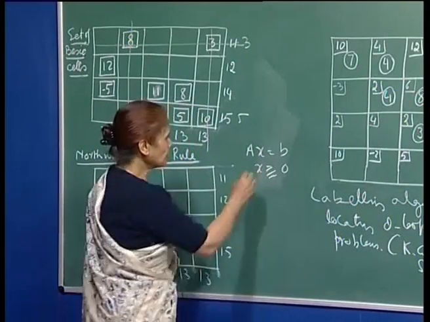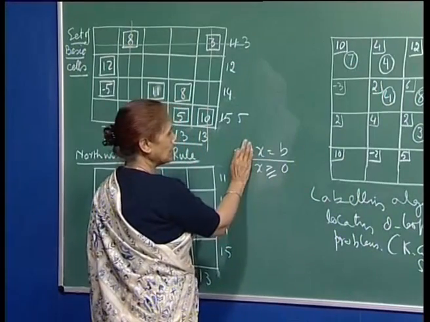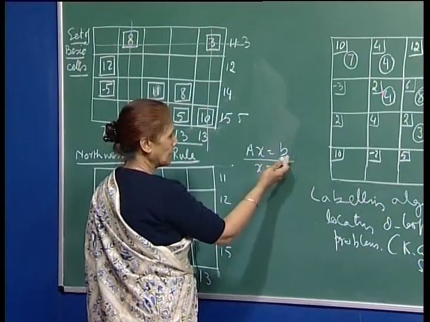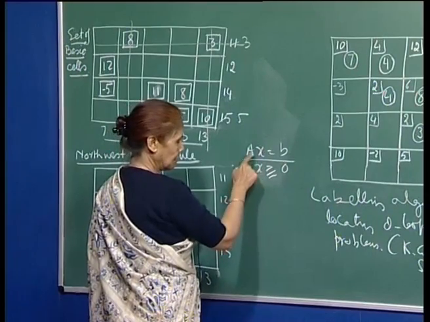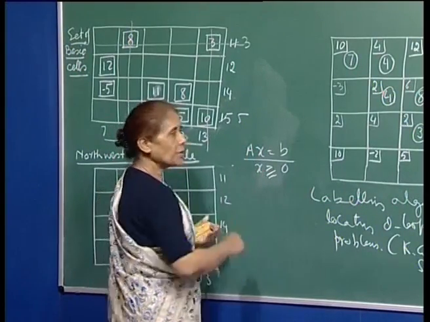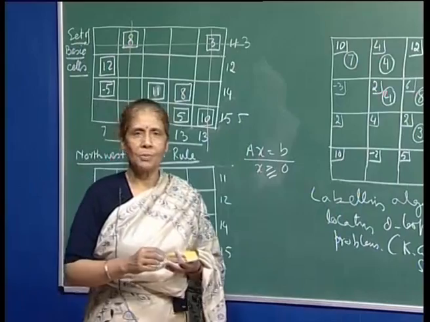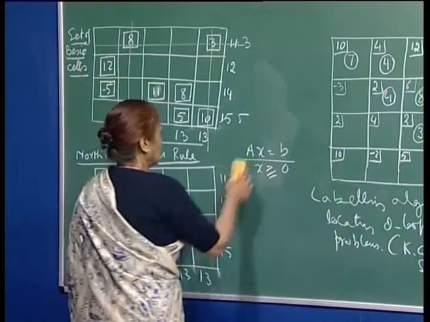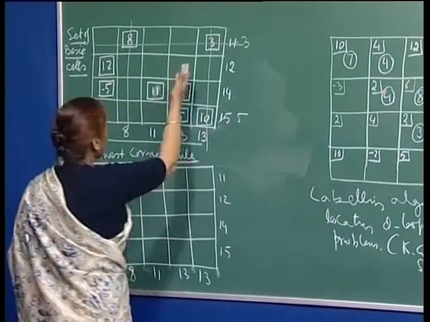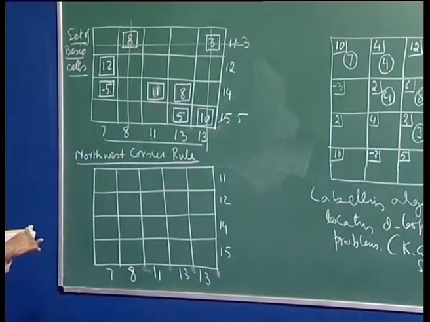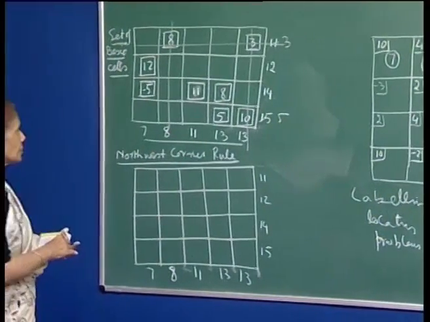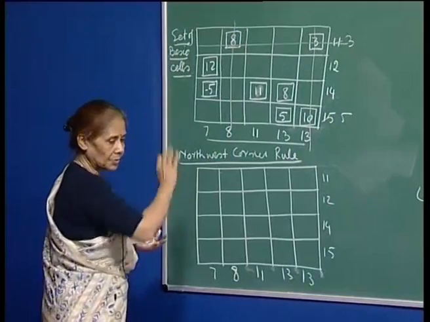It will give us a unique solution to this system, because I have a basis here, but the components of this solution may not be all non-negative. So it will not be a feasible solution, right. And this is what I was showing you, that every set of basic cells need not lead you to a basic feasible solution. So this is not a basic feasible solution.